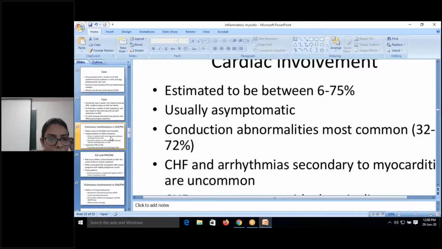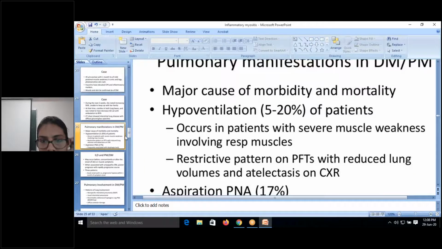And pulmonary manifestations of dermatomyositis and polymyositis are the major cause of morbidity and mortality in myositis, because of ILDs. They can lead to hypoventilation in 20 to 50% of patients, because of severe muscle weakness involving the respiratory muscles.